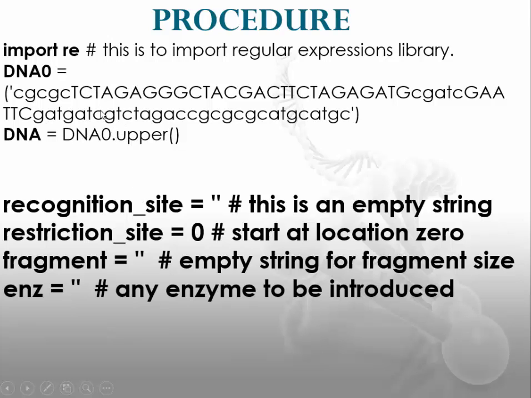Upon digesting this DNA, or cutting this DNA, we need to have fragments. Like if I cut it here, I need to have a fragment that starts from here and ends here, another fragment that starts here and ends here.